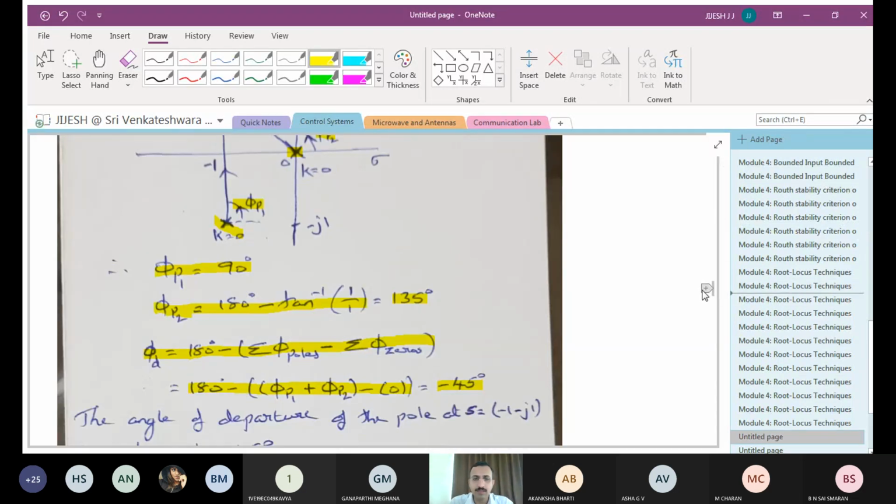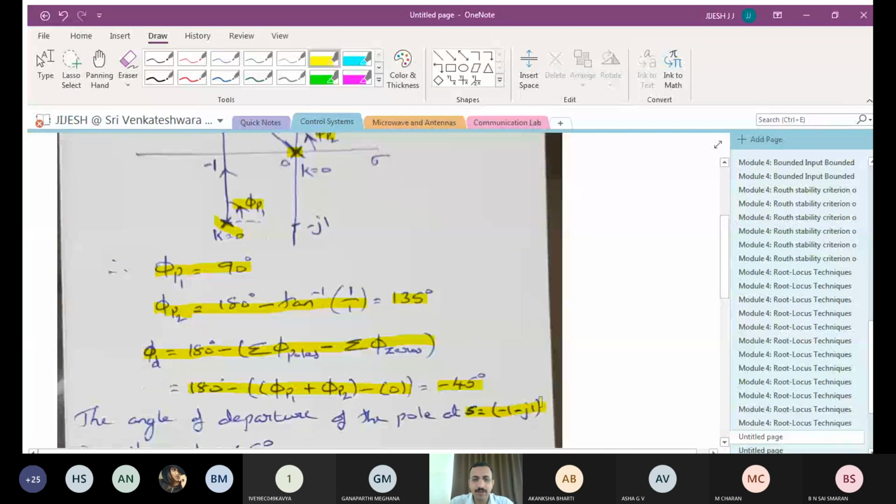So let us try going with the angle of departure of the pole when S is equal to minus 1 minus j1. So we have to also see with the pole that is minus 1 minus j1. So have you all completed this much portion?